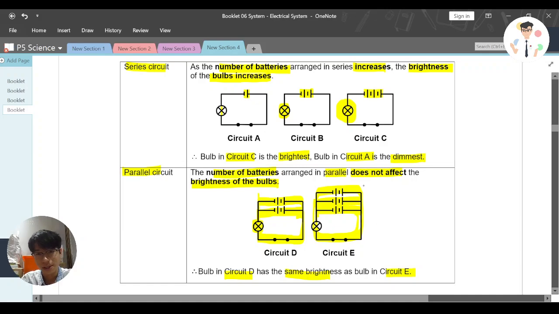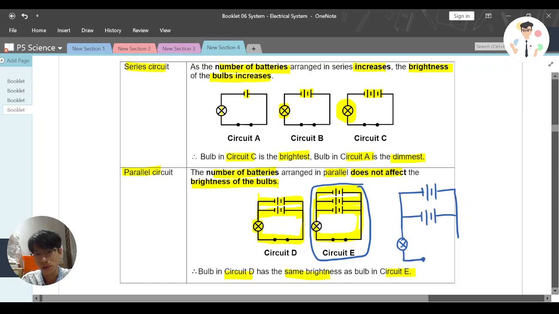Now, circuit E, right? As you can see, I have three batteries, so it doesn't affect the brightness. But what if I have it like this? I have one battery here, one battery here, a bulb here, and a switch here. Now I'm adding another battery here.